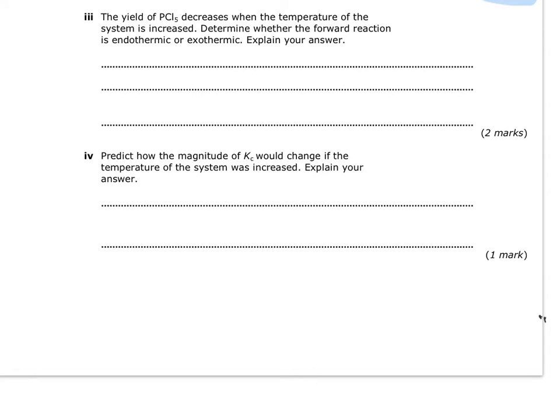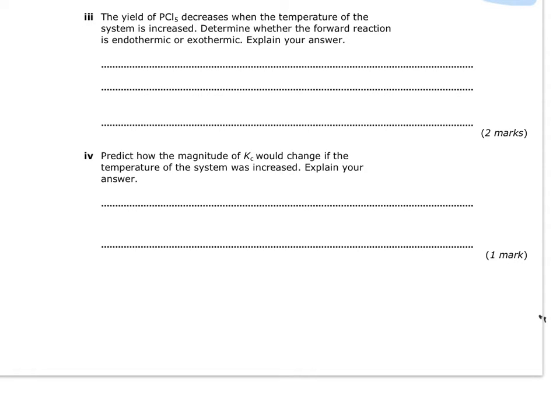Okay, so it says the yield of PCl5 decreases when the temperature of the system is increased. That's an extremely important sentence to read and understand. So the amount of PCl5 decreases when the temperature of the system is increased.